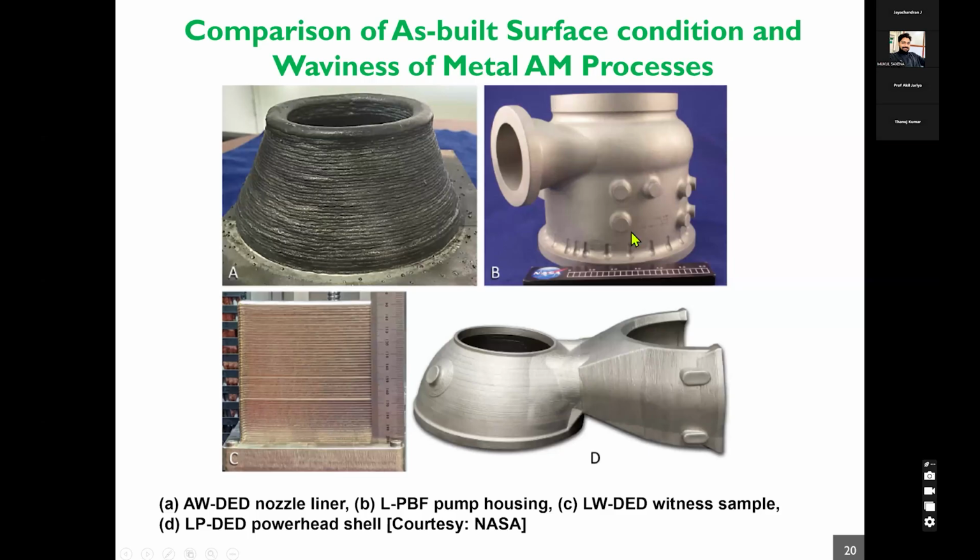So the surface finish is very good. And on the bottom, you can see both the laser powder DED process and the laser wire DED process. These are better compared to the wire arc additive manufacturing process, but inferior compared to the laser powder bed fusion process. So essentially, for all these three process routes, you need to carry out machining before the part can be inducted into your program.